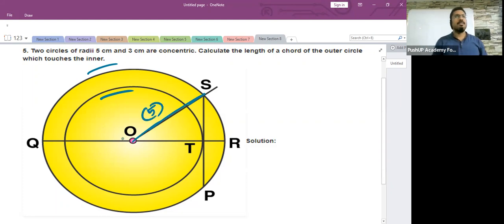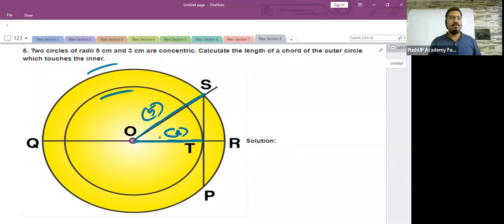I can assume the length of OT as 3. Why? Because OS is the radius of the big circle, and OT is the radius of the smaller circle. So I labeled OS as 5, OT as 3.